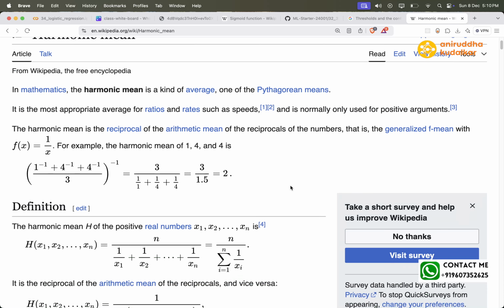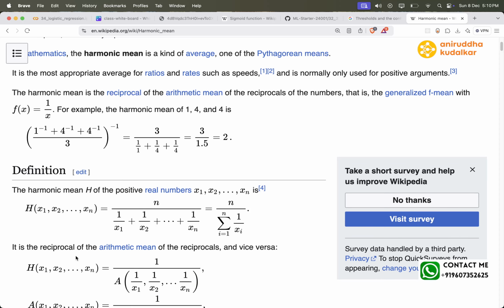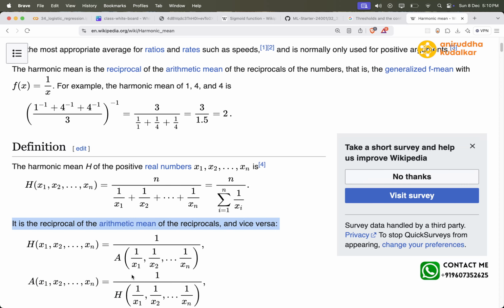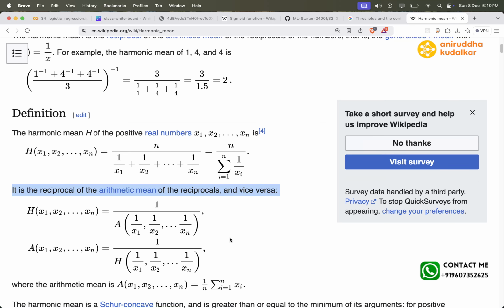So this is the formula for the harmonic mean: n upon the sum of 1 upon x. It is the reciprocal of the arithmetic mean.